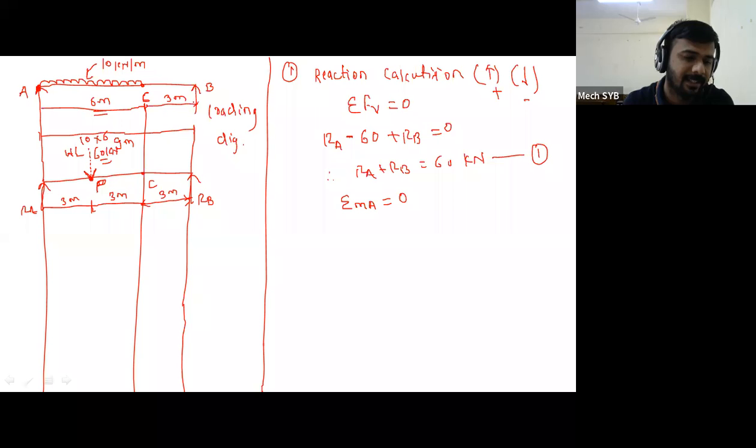Here, whether to start from the left side or the right side in SF and BM calculation will not be applicable. The left side and right side calculation is applicable only for SF calculation and BM calculation. While doing reaction calculation, don't consider the left side and right side effect. Therefore, directly think point A is present here. Then, while taking summation of MA equal to 0, how many forces are present to the left side?